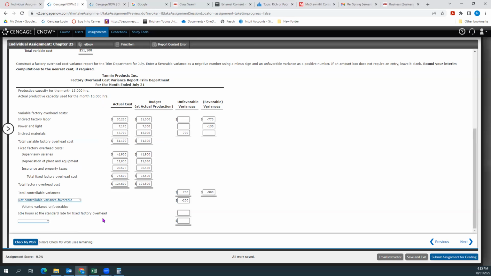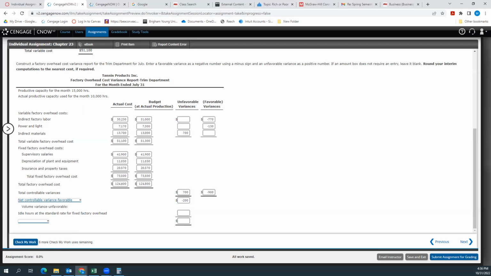So to find our volume variance, give me a moment to think about this. I think what I'm going to do is figure out my fixed factory overhead rate, okay? This has a productive capacity of, what did we say? 15,000 hours.